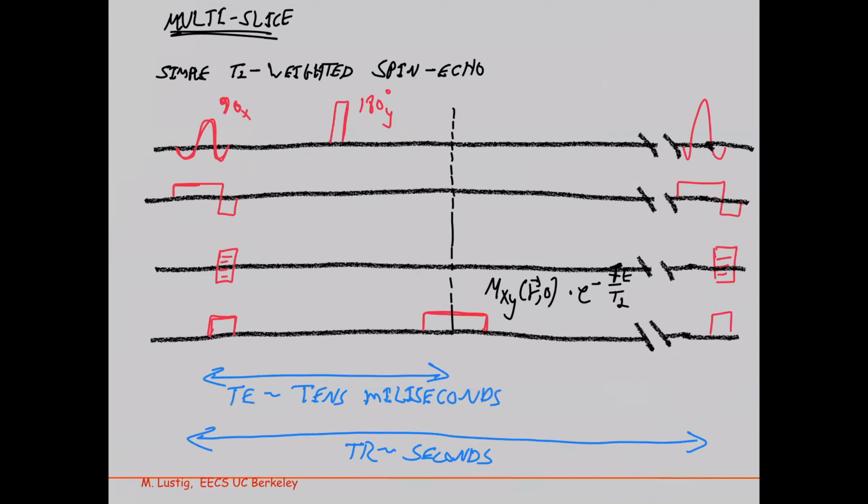Okay, so here's an issue. This is a slice, this is a simple T2 weighted spin echo, right? You do a 90. By the way, you do a 90X and a 180Y. There's a reason for it, and that's because if you do a 90X and 180X, then if you have an error in the 90 and an error in the 180, those accumulate.